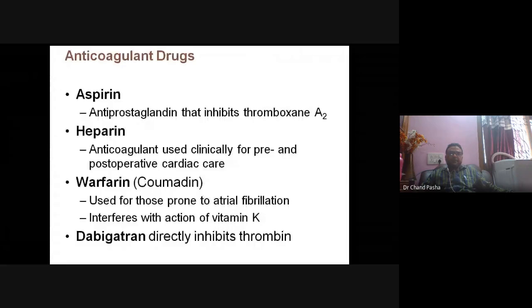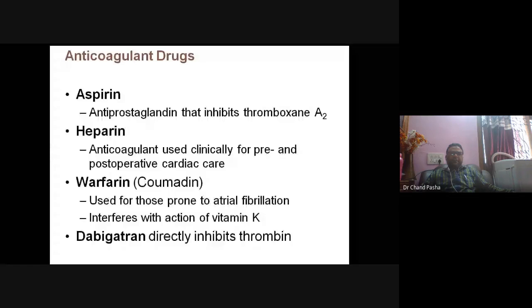Aspirin is also an anticoagulant and antiprostaglandin, and it inhibits thromboxane A2. Heparin, as I told you already, is an anticoagulant used clinically for pre and post-operative cardiac care.